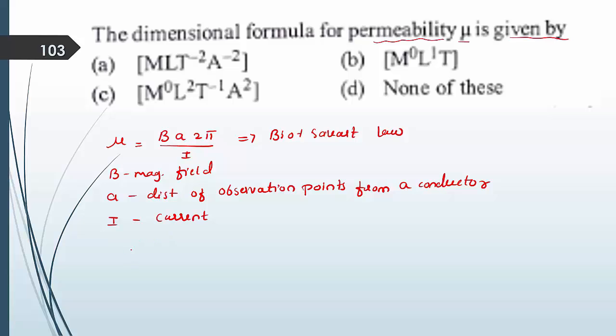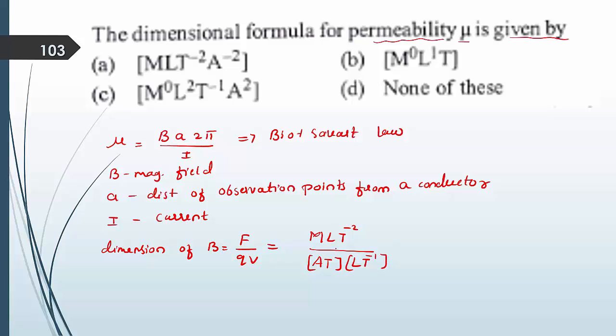Now I am going to write the dimension of B in place of B. Magnetic field B is F divided by Q into V. First we can write its dimension. F is force, M L T raised to minus 2, divided by Q, charge, here it is A T. V indicates velocity, L T raised to minus 1.